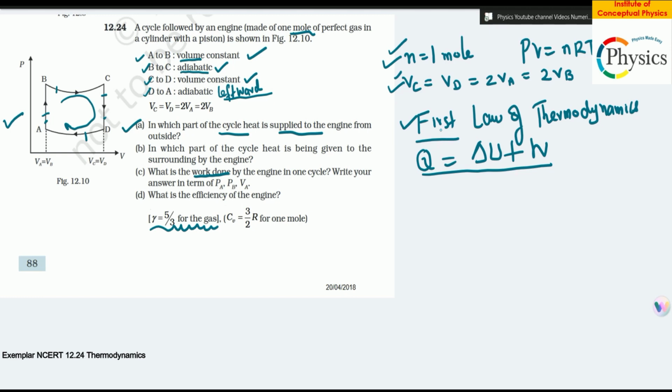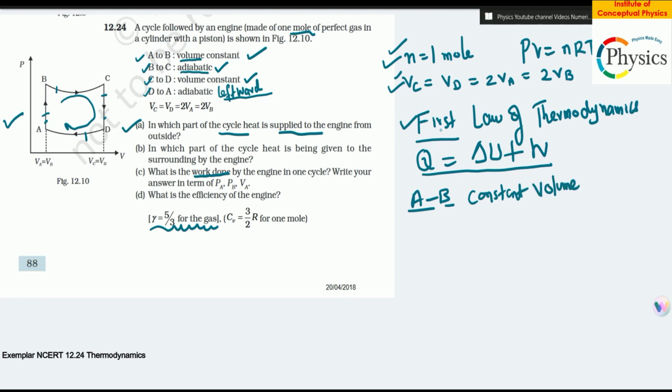Now let us look at each of the PV indicator lines and decide where the heat is getting supplied. So let's say A to B. If you see A to B, what is happening in A to B? A to B, you can see, is a constant volume process.